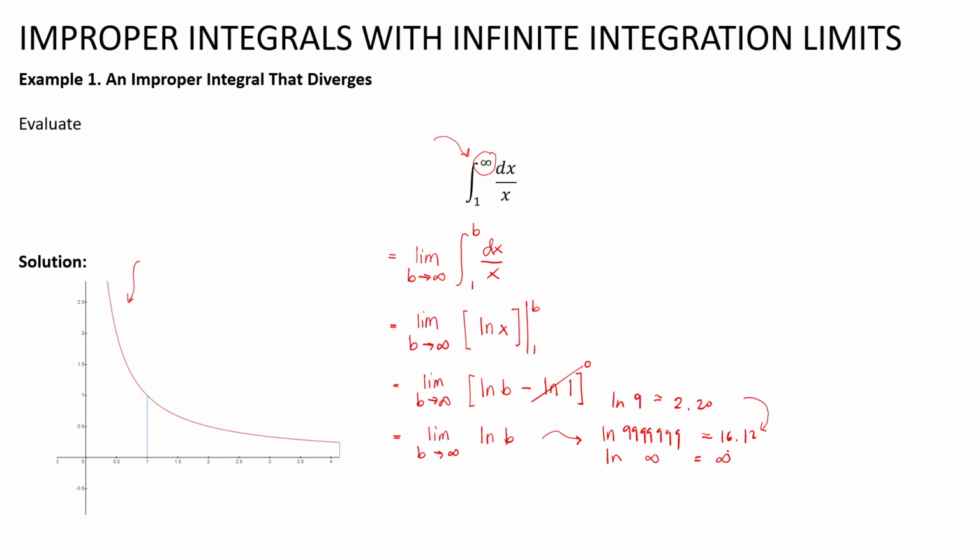This will give you an infinite number of answers. So this is equal to infinity. That's why this improper integral diverges, because the answer is non-existent. So this is divergent, or diverges, or diverging.